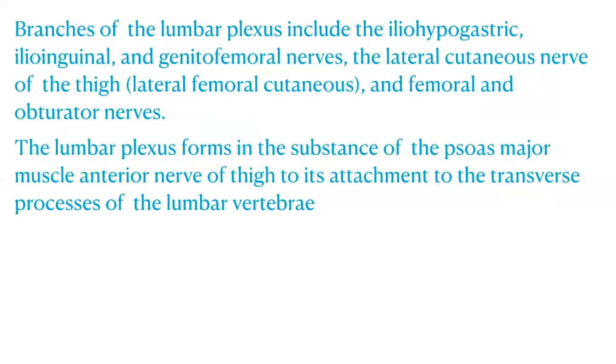We'll have a cursory view of the lumbar plexus, and then we'll discuss in detail the nerves of the lower limb. Branches of the lumbar plexus include the iliohypogastric, ilioinguinal, and genitofemoral nerves, the lateral cutaneous nerve of the thigh, and the femoral and obturator nerves.